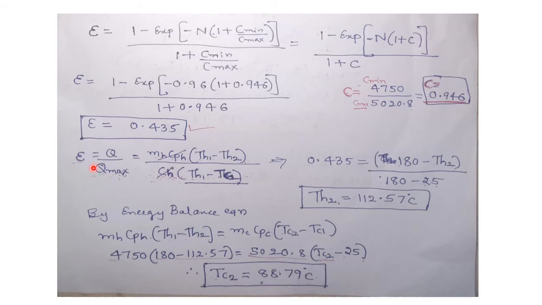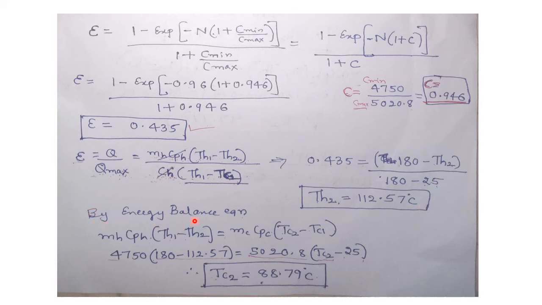The effectiveness is 0.435, TH1 is 180, TH2 I don't know, TC1 is 25. I have substituted these in this formula, and by cross multiplication we calculate the value of TH2. TH2 we have got as 112.57 degrees centigrade.